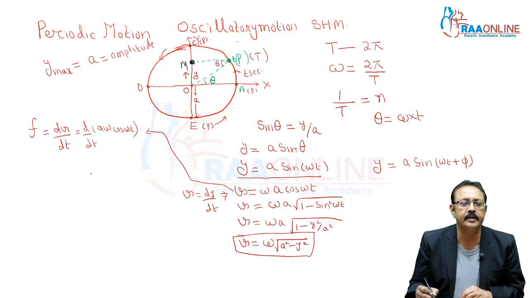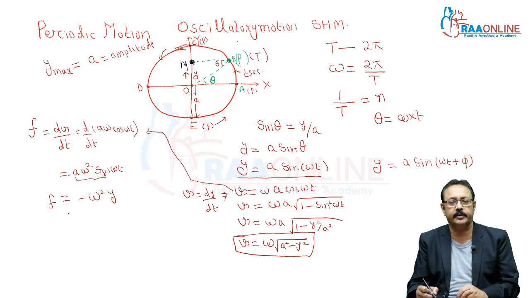A omega is constant. Differentiation of cos omega t gives minus omega sin omega t. But A sin omega t is y, so I am putting y in this place. So what I got? F is equal to minus omega square y.